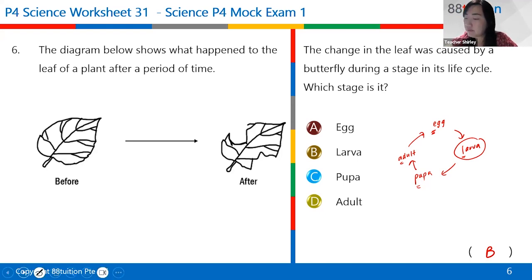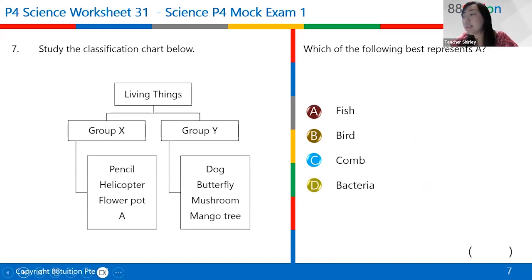Okay, next one. Study the classification chart below. Which of the following best represents A? Who has not answered? Let me see. Yan Kai. Okay, Yan Kai says B. Bird. Okay, let's have a look. Why do you think it's bird?